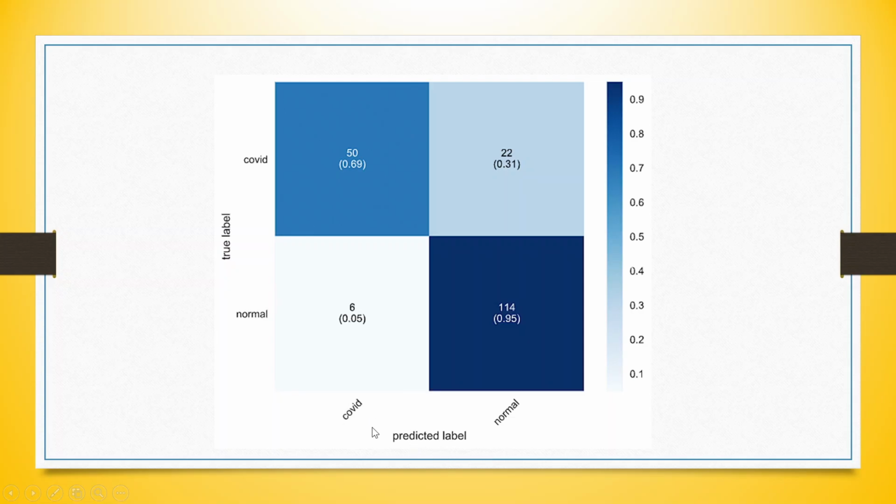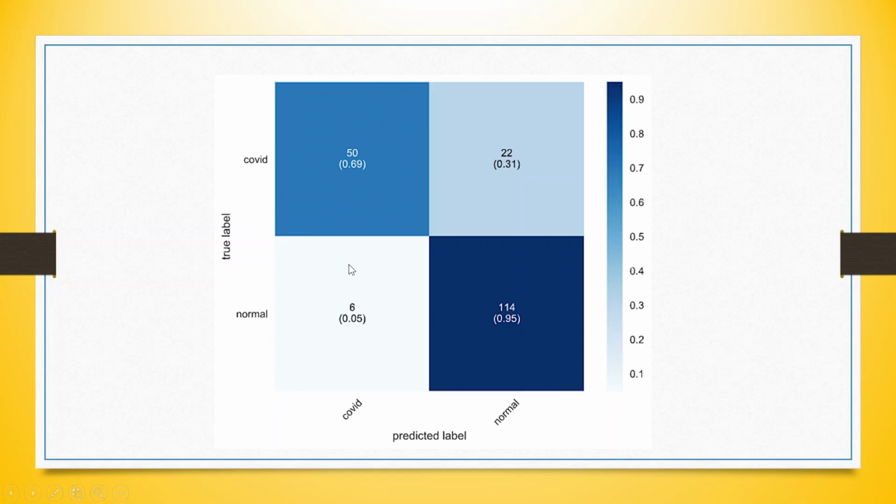And if the kit detects that yes, the person is having COVID, so this is a success for us as the kit is working successfully here. A person is normal and the kit detected that the person is normal. This is also success for us. So 114 plus 50, 164 are correctly classified cases. We want more and more such cases where the algorithm is able to classify the data appropriately.